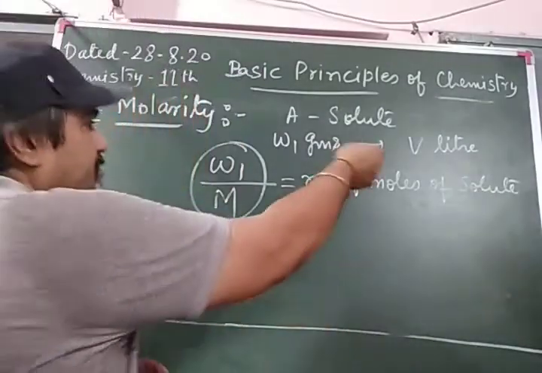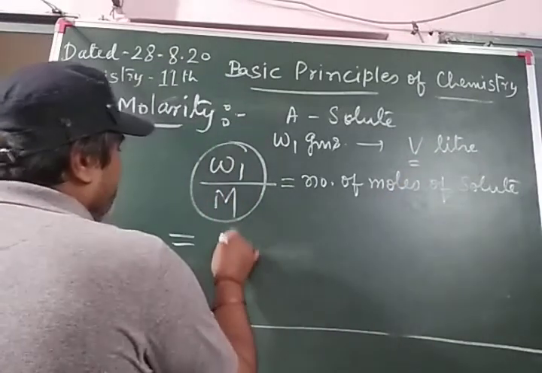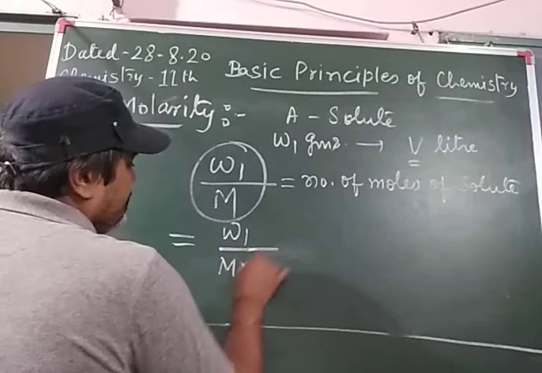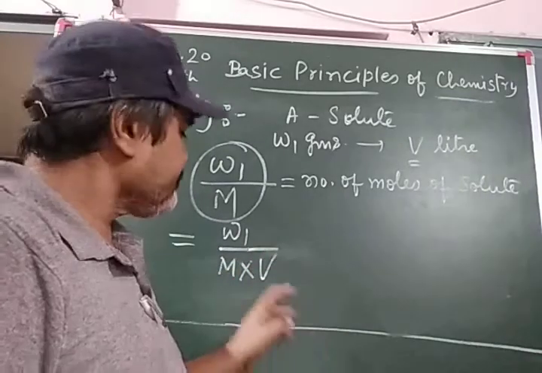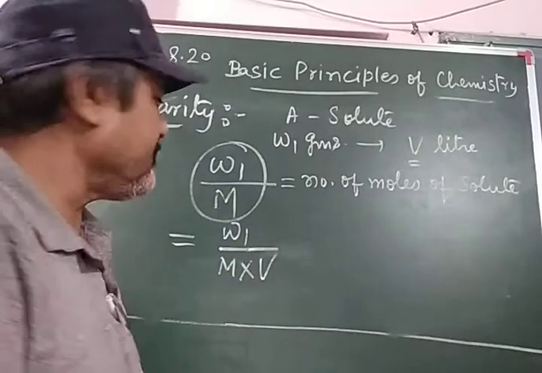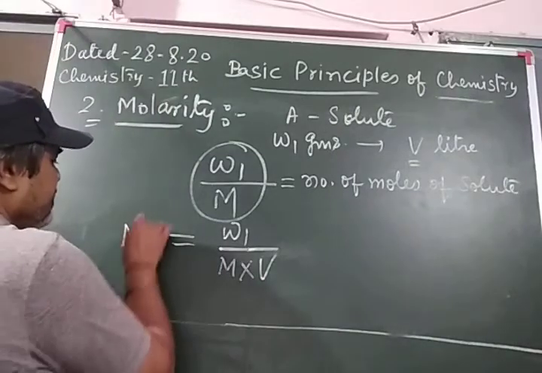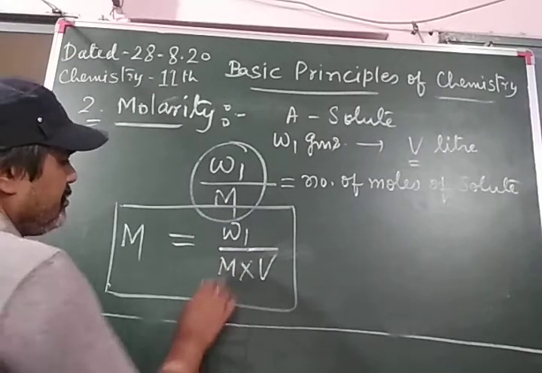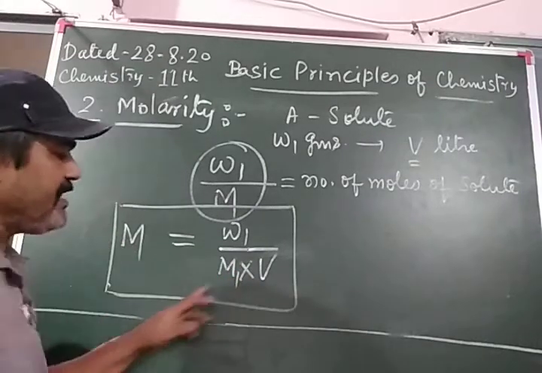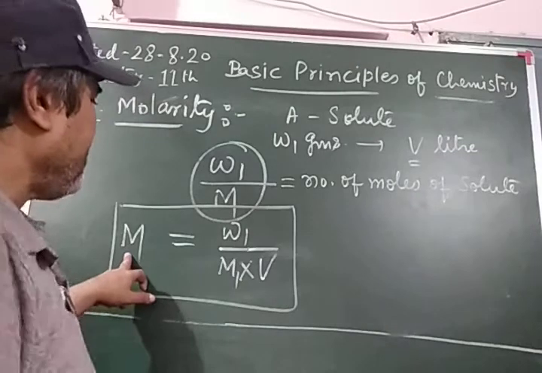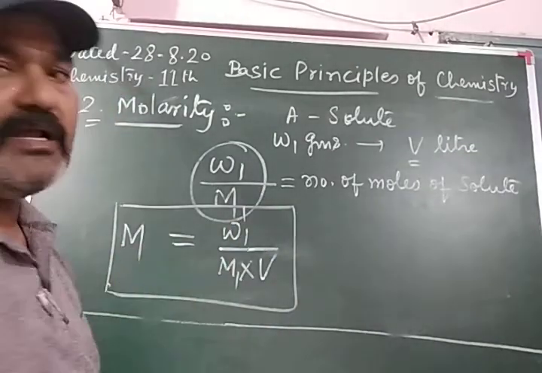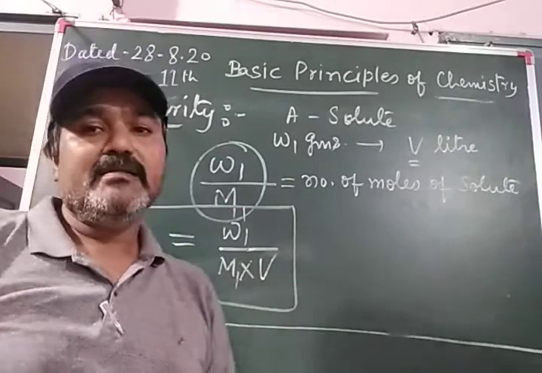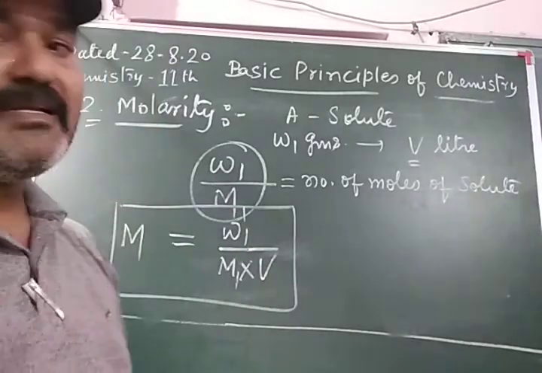Here V is taken in liters, so W1 upon M is the number of moles, and divided by the volume of the solution in liters, this will be the molarity. Here we can take M1 as the molar mass, and M stands for the molarity. So molarity is equal to number of moles divided by the volume of the solution in liters.